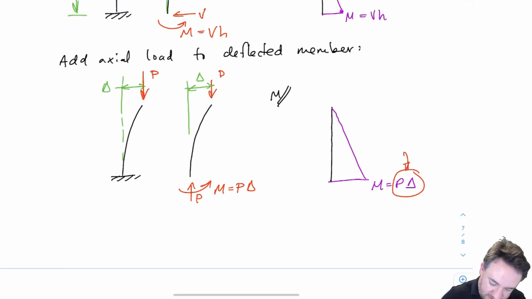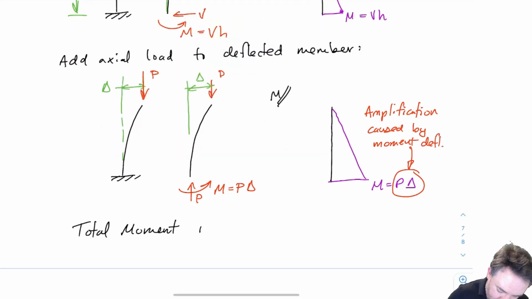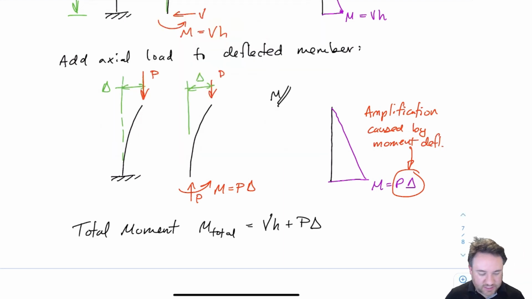So this is basically how much my moment is amplified because of the deflection. So the total moment, sorry, now at the bottom is going to be VH plus this effect P delta if I have an axial load on that structure which is being deflected sideways.